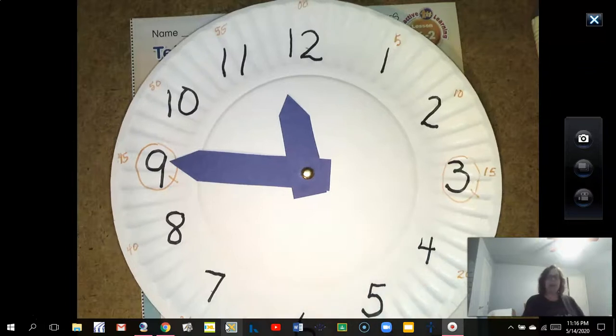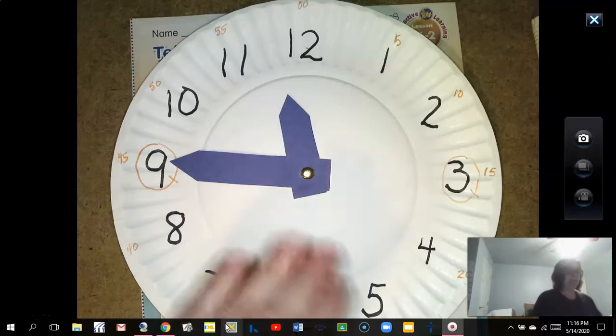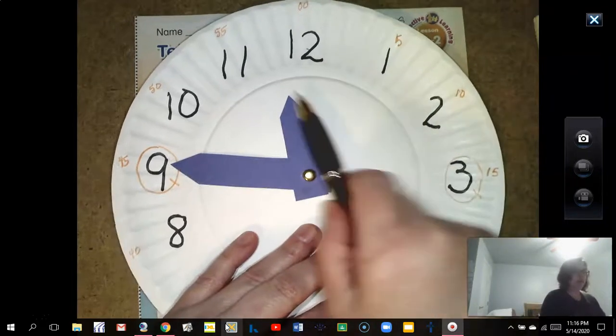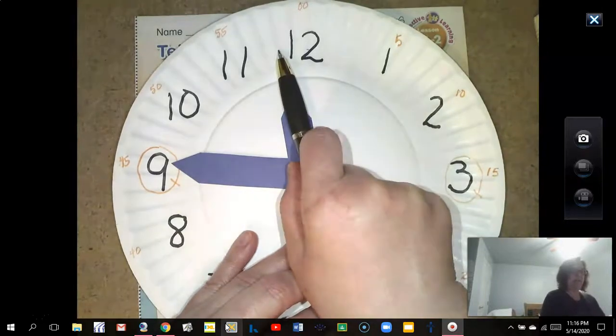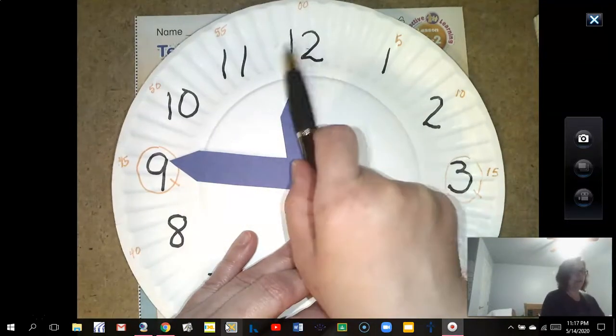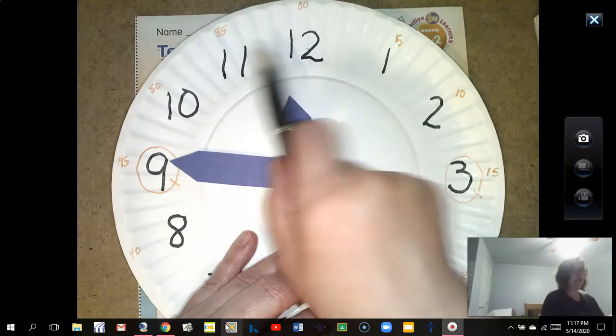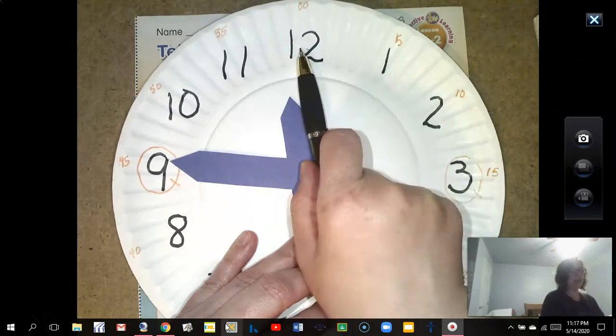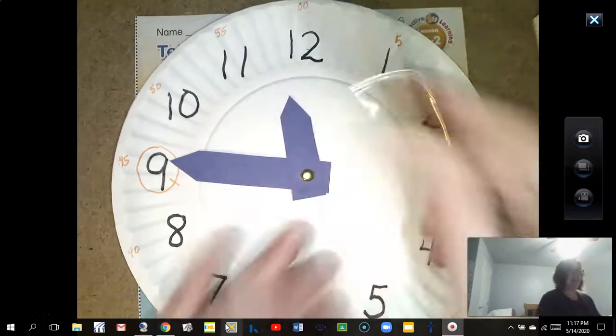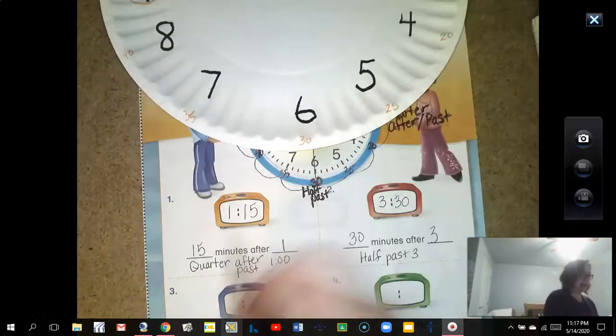See if you can figure this out. Remember, the first thing that you look at is the hour hand. Okay, so the hour hand is pointing almost on the 12, but not quite. It's between 11 and 12. It has not reached the 12 yet, so it is still, that's right, 11.